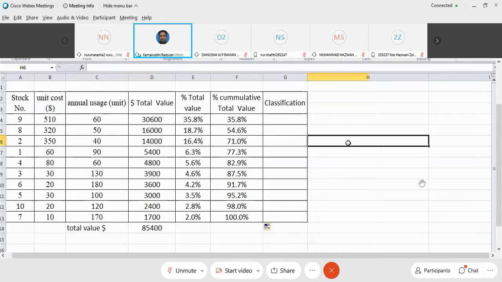Remember that in our discussion on ABC analysis, we proposed a guideline to do the classification based on total value. Class A should be between how many percent?